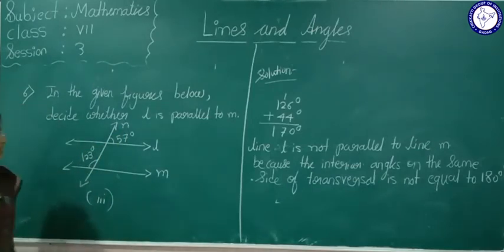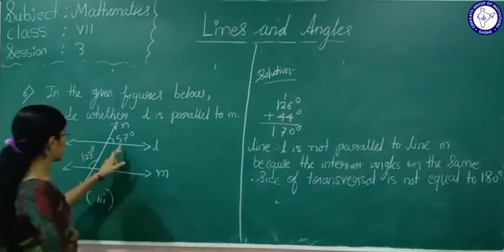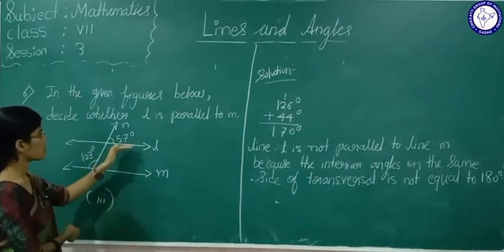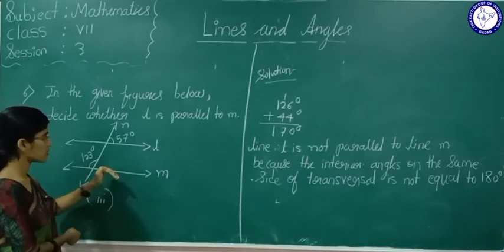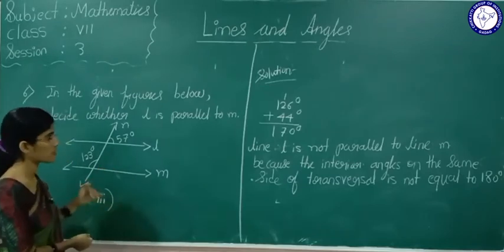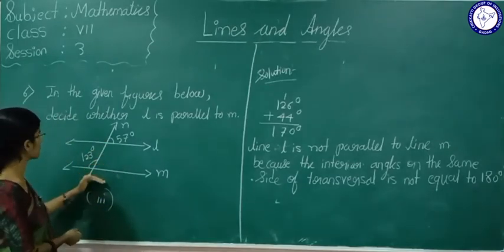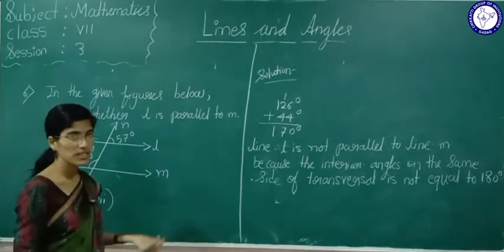Now we have to tell whether line L is parallel to line M, if it is possible. We have to check here whether L is parallel to M or not. We have to decide here.